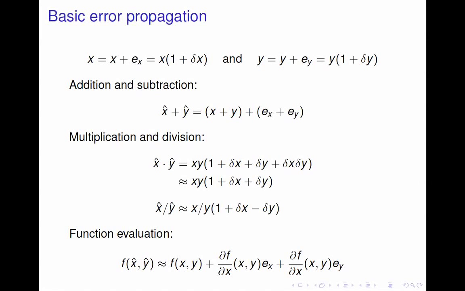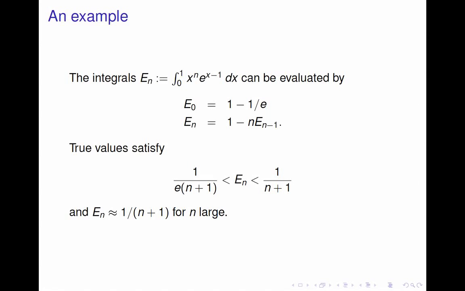We can get a really good idea of what the error is doing as it propagates through our system just by looking at first order expansions, linear approximations. So let's take an example of how errors can propagate through a calculation to our detriment.